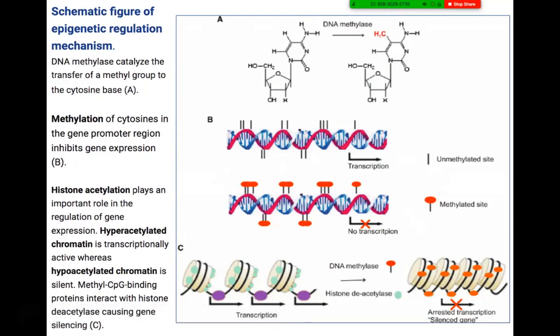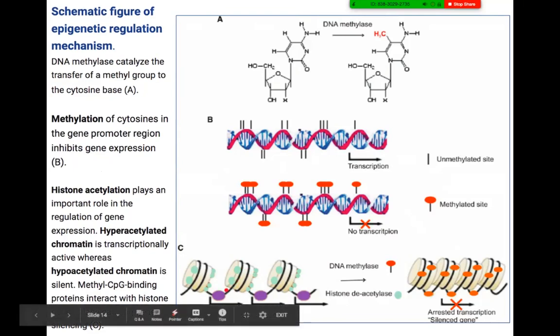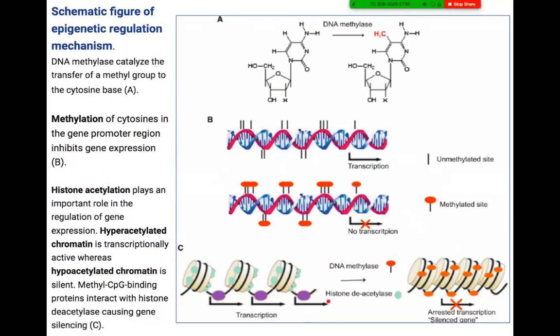Now, under normal circumstances, the transcription process will flow, as indicated here. Each one of these purple dots is representative of the RNA polymerase moving along, making messages that are either rRNA, transfer RNA, or messenger RNA along the sequence. However, there's another way in which you can alter the expression.